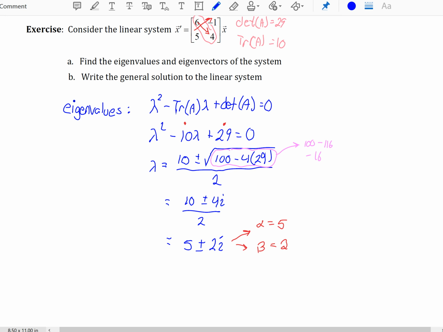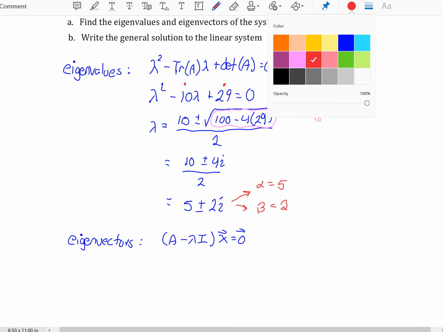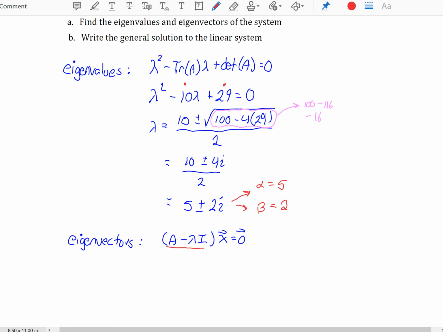Okay, now let's look for our eigenvectors. To find our eigenvectors, we're going to use the equation A minus lambda I times some vector x equals the 0 vector. Now remember, we always subtract lambda off of the main diagonal when we're looking at A minus lambda I. It just happens to be that here our eigenvalue ends up being complex.